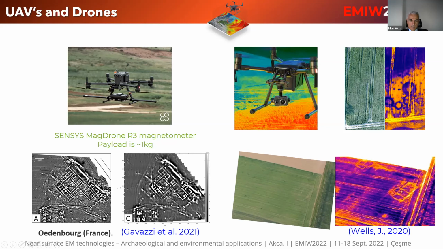The one on the right is the drone-based magnetic measurement system. Yes, it's not as clear as the one on the left, but it provides a clear image, which is also interpretable and beneficial.